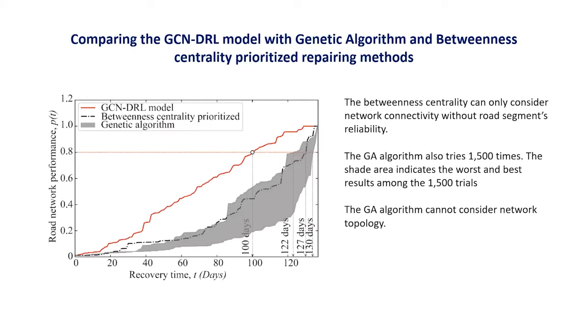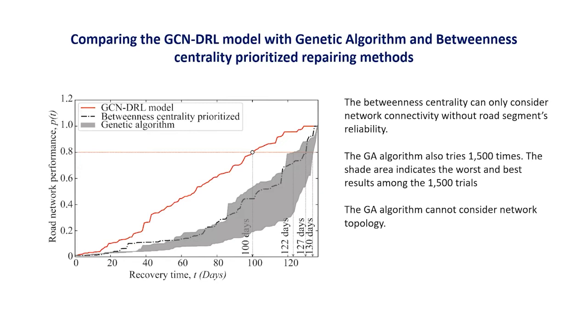To compare the performance of the proposed graph AI agent, we take two other methods as benchmarks. The first is a genetic algorithm, which is also a global optimization algorithm, and we also let the genetic algorithm try 1,500 times, so they try the same number of times. The result of the genetic algorithm is shown here as a shaded area.